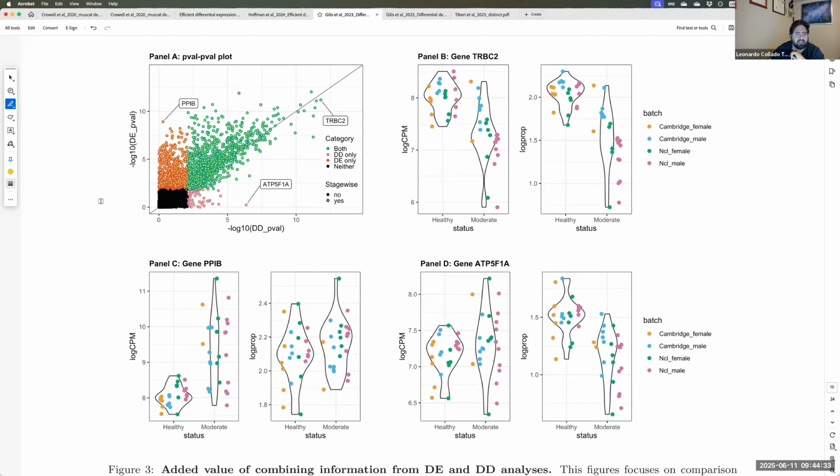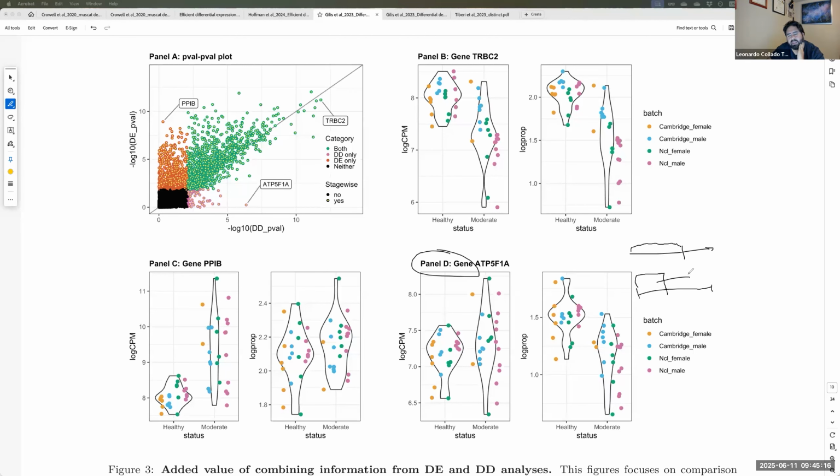So you could argue a case like panel B there, let's say that on the healthy group over here on the left side, out of all the cells that we have here, a large portion of them are expressing it, but they're just expressing it a little bit low, right? But on the moderate case, out of all the cells that we have, it's a smaller proportion, but actually at a higher level, right?